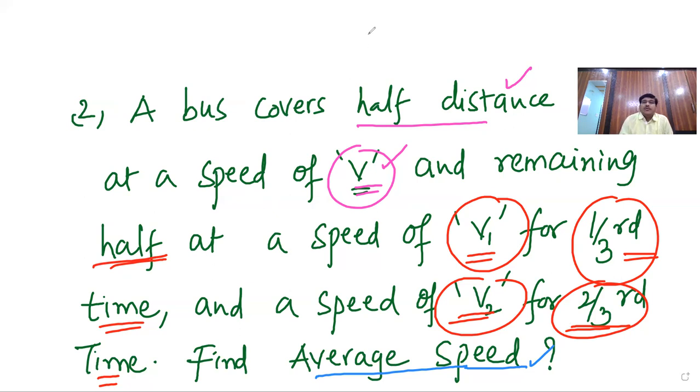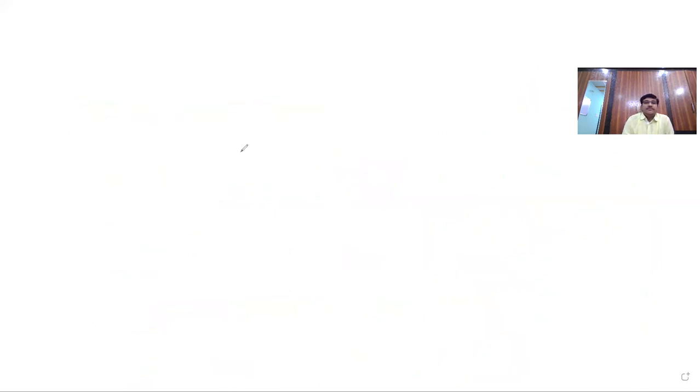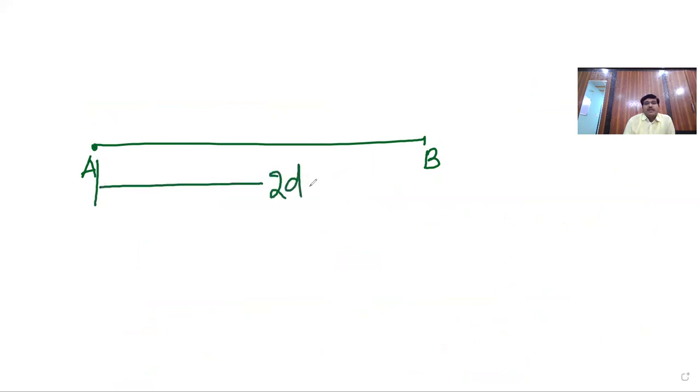Okay. Now, observe carefully. Let us solve this problem first. Let us say this is the complete distance, AB. AB is the complete distance. For convenience, I am assuming that 2D is the total distance.